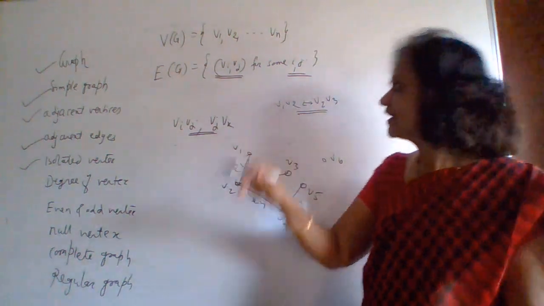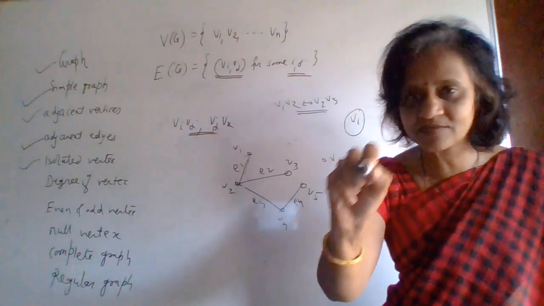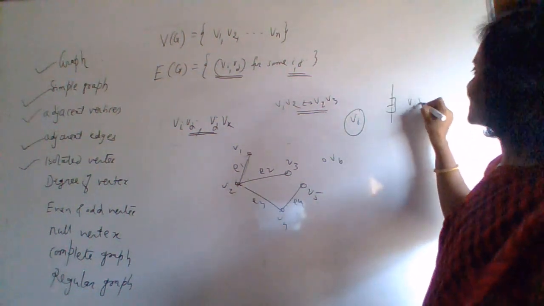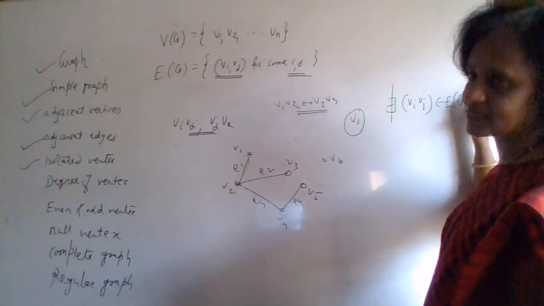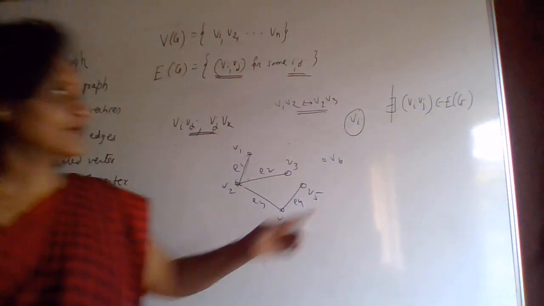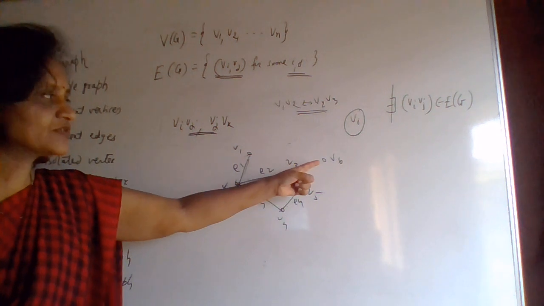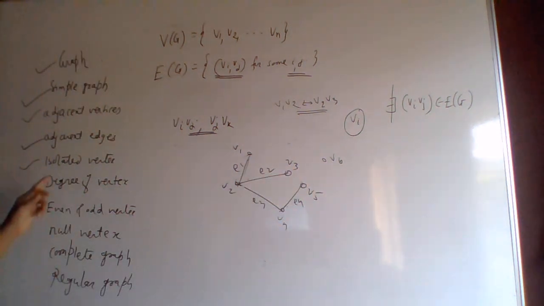Now we will define: any vertex Vi is called as an isolated vertex if there does not exist any Vi Vj belonging to edge set of G. There is no edge Vi to Vj. Then Vi we are going to call as an isolated vertex. So here it is V6.